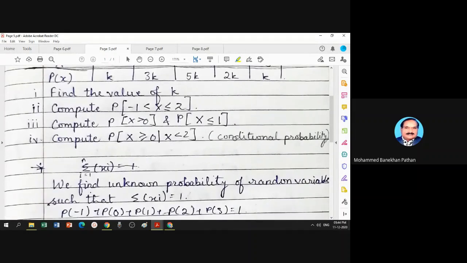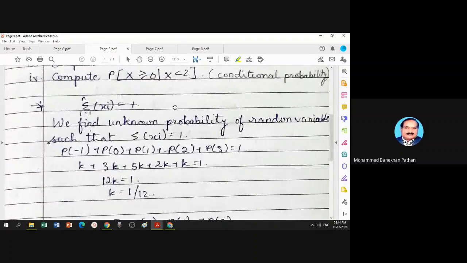That is nothing but the condition for a probability distribution. So everybody make a correction here, summation p bracket xi, that remains to be written here.